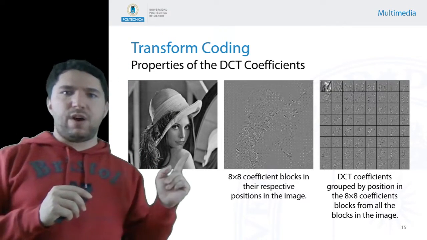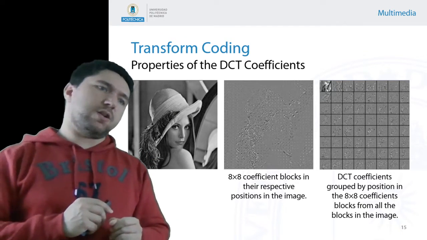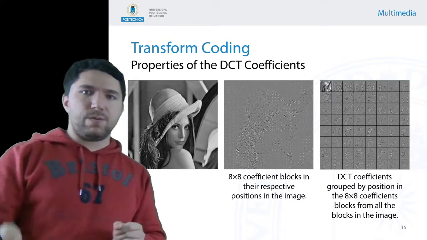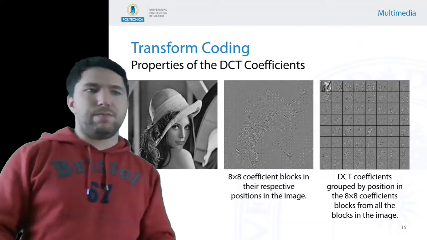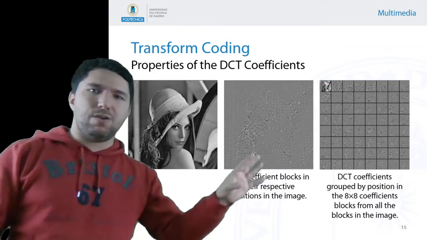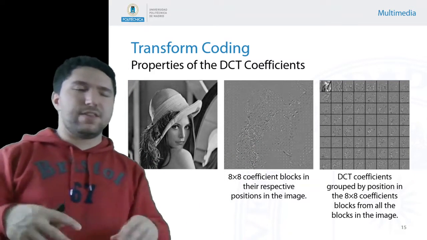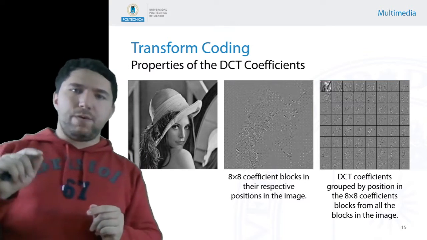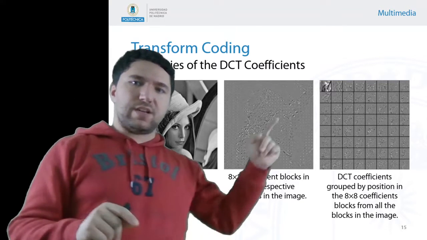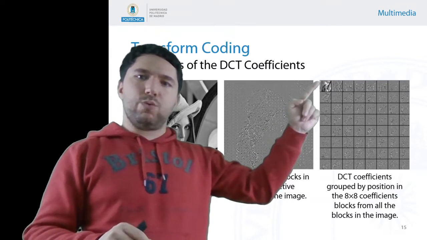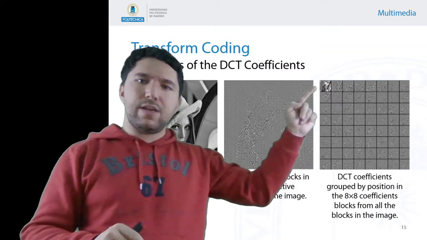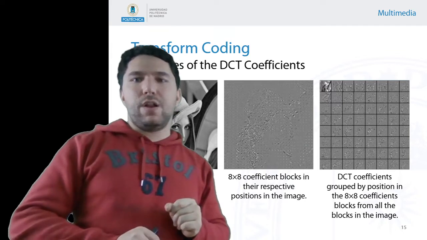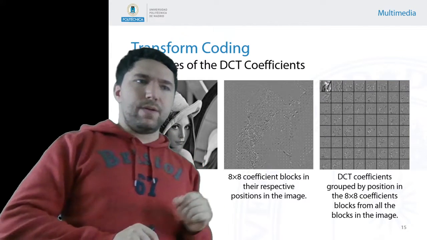So for instance, if we have the Lena image here and we transform it, we obtain something like this. We cannot see anything here, maybe a little bit of the shapes, of the edges, sorry. But if we group all the DC coefficients and place them together, we will have something like this. You will be able to see the Lena image in a very low resolution here.